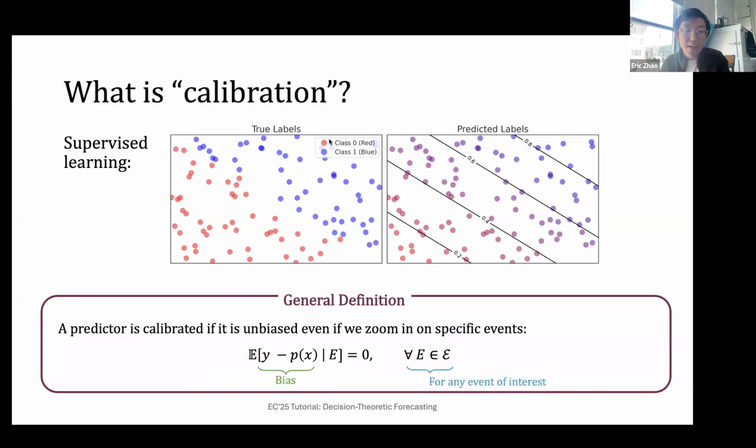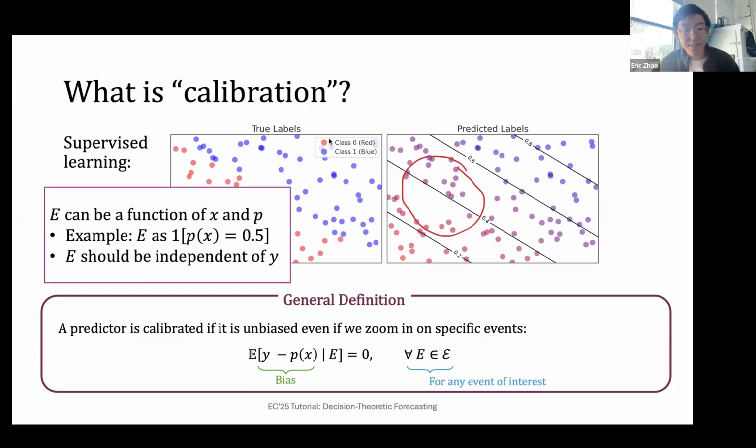For example, I could ask that I am unbiased conditioned on a certain part of my domain, or some more complex function of my predictor.